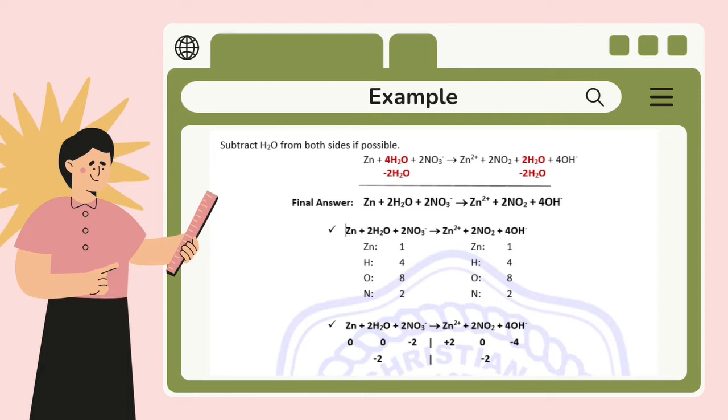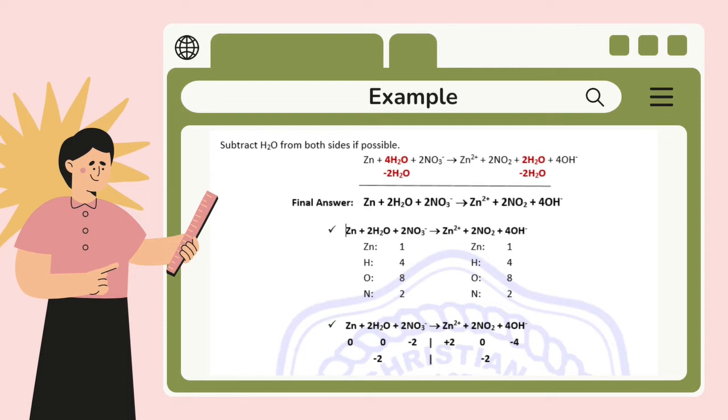How about on the product side? We have here Zn2+, so we have here positive 2. For 2NO2, we have 0 as the oxidation number, and for the 4OH-, we have here negative 1 multiplied by 4, so that we have here negative 4 for the oxidation number of hydroxide.